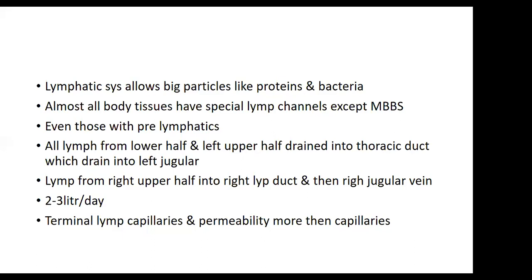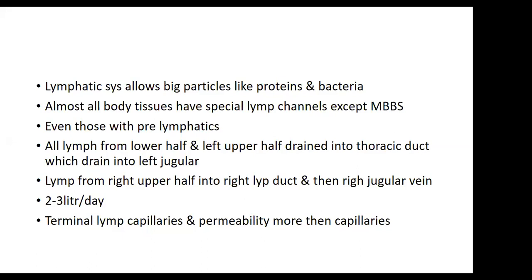I made this mnemonic MBBS, you will remember it, God willing. Since the lymphatic system is not properly developed over there, even then they have got some pre-lymphatics because they also need this drainage. Their small vessels are called pre-lymphatics.